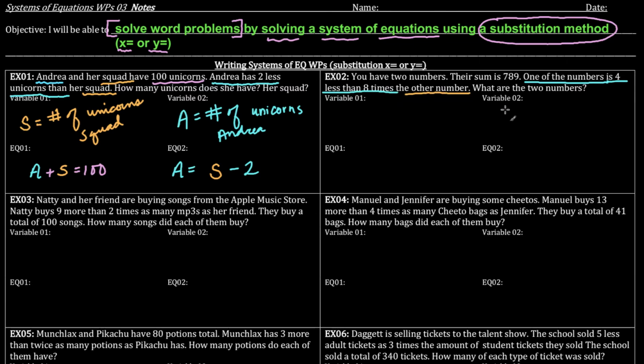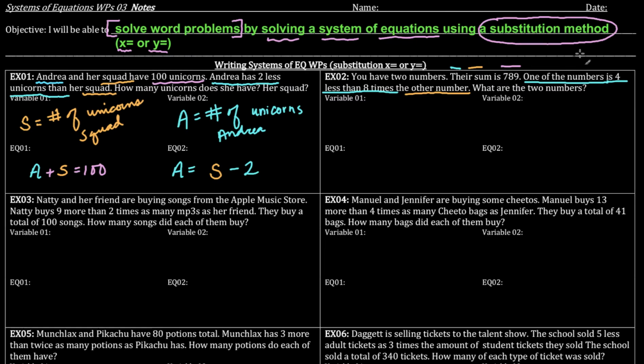What are the 2 numbers? But it doesn't say their sum. So if we have the first number and the second number, we get a total of 789. It doesn't tell us which number is which. It doesn't matter. It just says you add them together, you get 789.